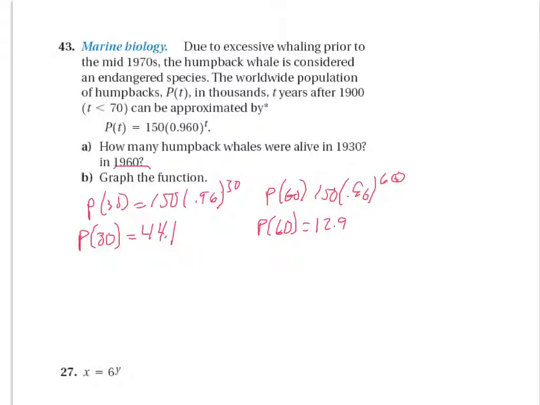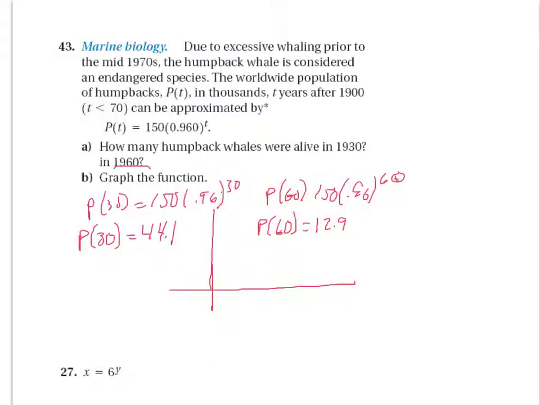All right, so let's graph it. There are about 12.9 thousand, or 12,900 humpback whales in 1960. So you can see how the population is declining quickly.